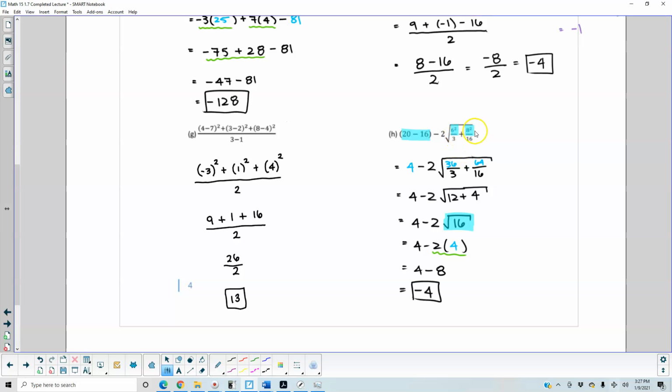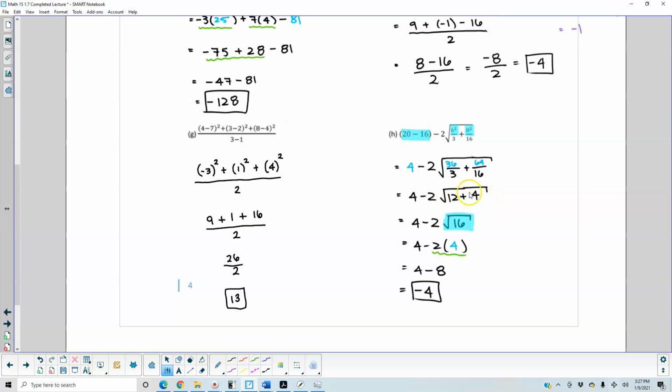So we need to first do the exponents underneath the radical sign. So 6 squared is 36 over 3, plus 8 squared, which is 64 over 16. So now we have 4 minus 2, and now we can simplify these two values under the radical sign, which is a grouping symbol. 36 divided by 3 is 12, plus 64 divided by 16 is 4.